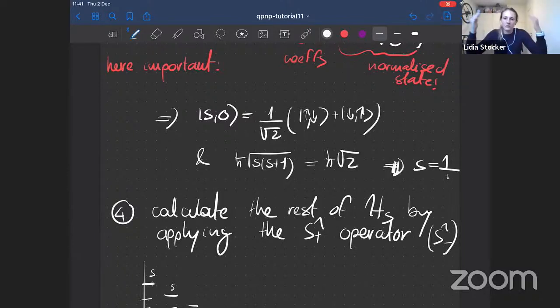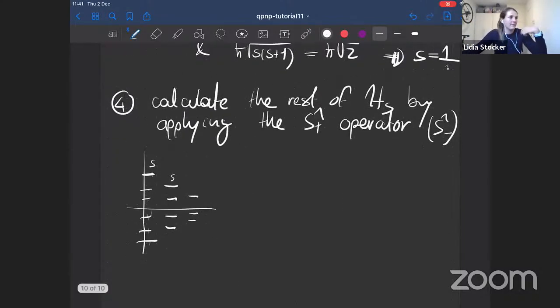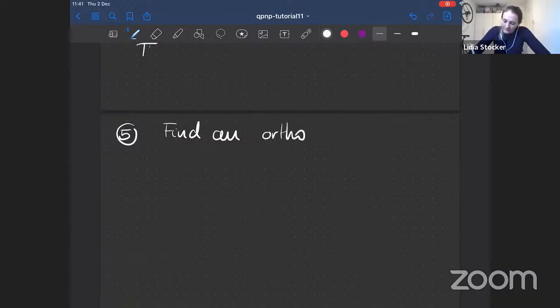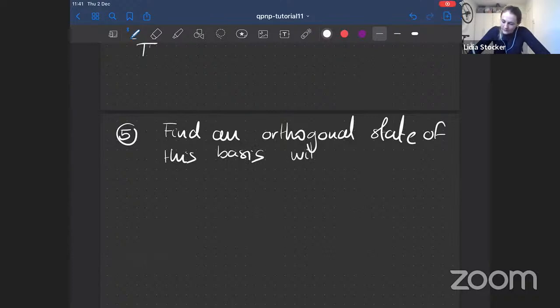Once you have them, you calculated your first H space. And afterwards, the challenge is going to another sub-Hilbert space. So point 5 is find an orthogonal state of this basis with minimum or also maximum, if you want, m.